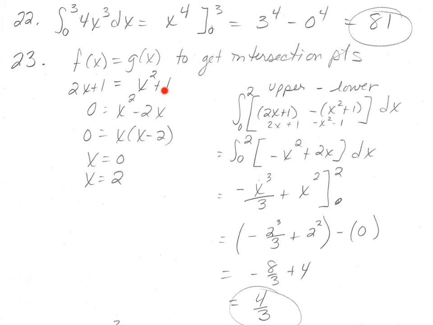First thing you have to do is set them equal to each other to get the intersection points, which is 0 to 2. Then you should graph it, because you need to know which function is the upper function. It's always upper function minus lower function, and you subtract that lower one from it, watch the signs, simplify it. Now you're right back to where we were again just a minute ago, and you run those numbers and get a 4.